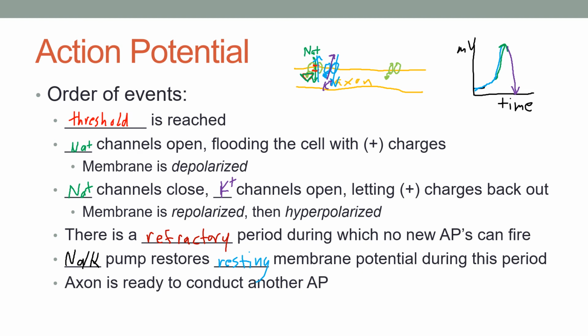But what we didn't mention is that once we hit this action potential here, when all these sodiums come in, there's an electrical effect that travels down the cell and triggers the voltage gated sodium channels at the next part of the cell to let sodium in.